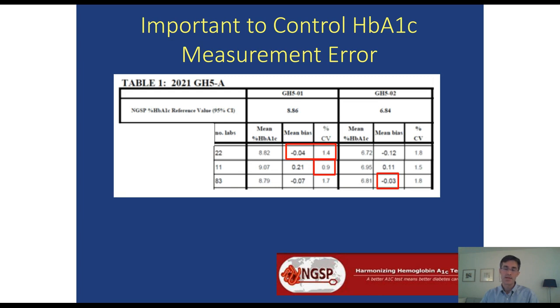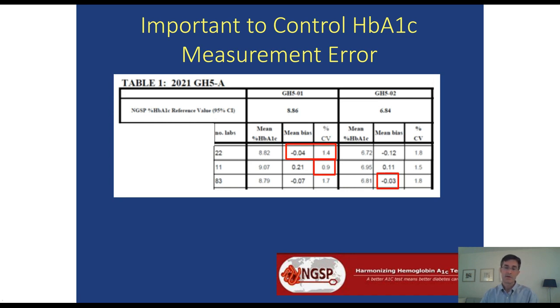Even lower would be better, but this is tremendous improvement. There are other assays with mean biases that are very close to zero, one shown here with a mean bias of 0.03. And then there are some assays which combine very low bias with very low CV.